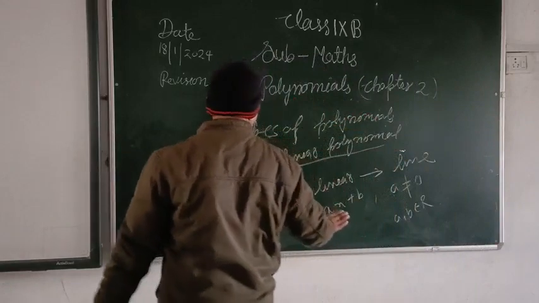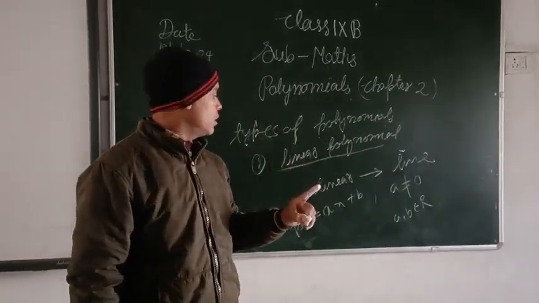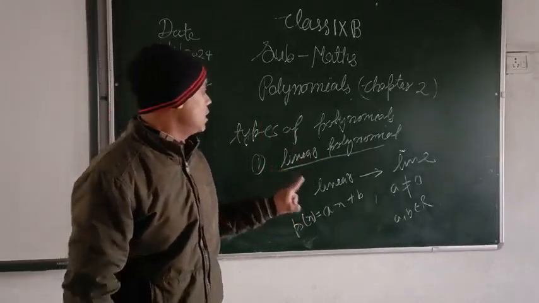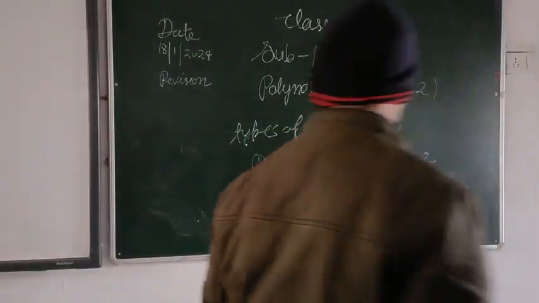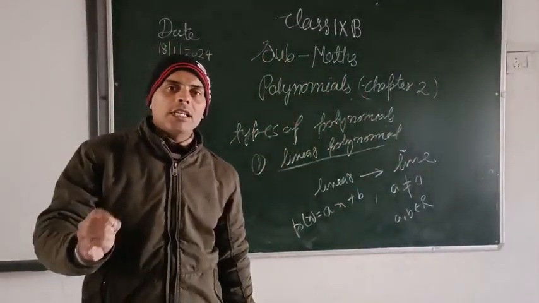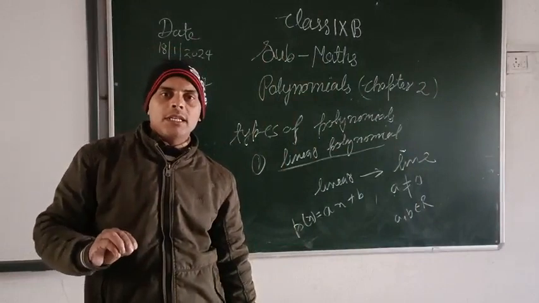And another way we can see that if the degree of any polynomial is 1, then it is known as linear polynomial. Okay, what is degree? We know the highest power of the variable is known as its degree.